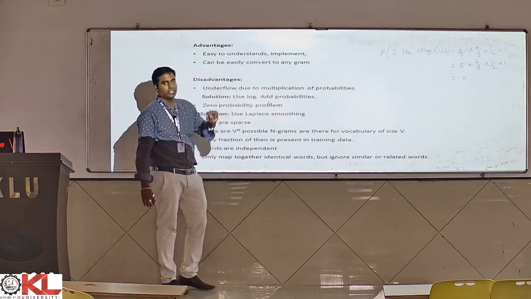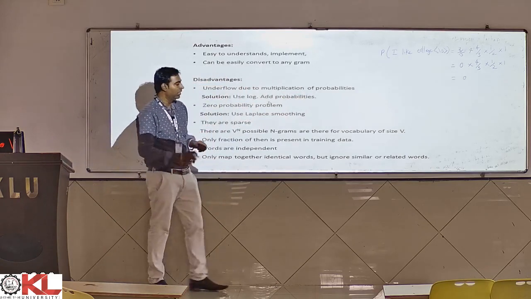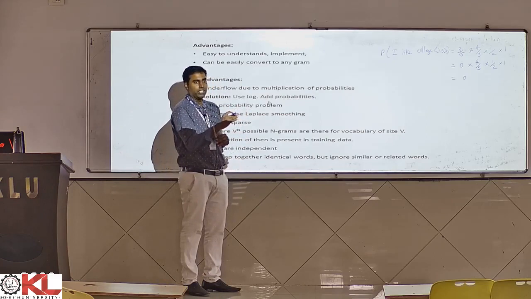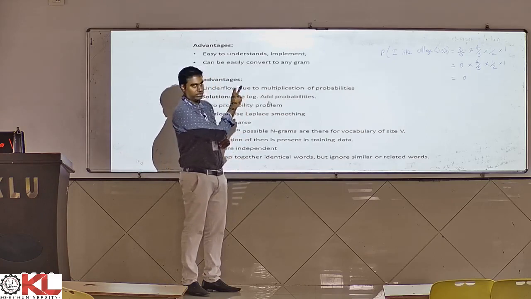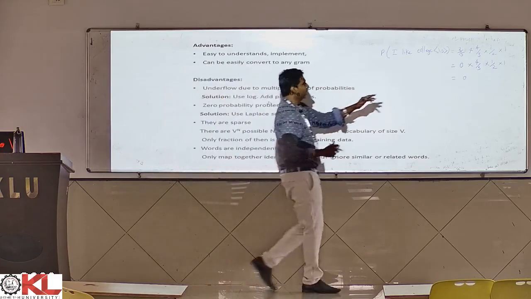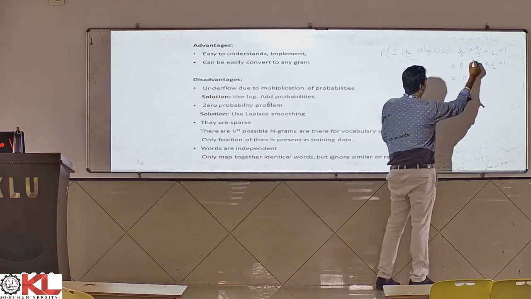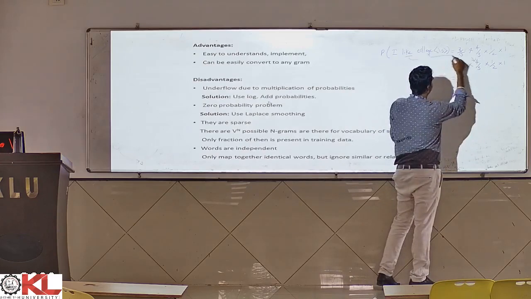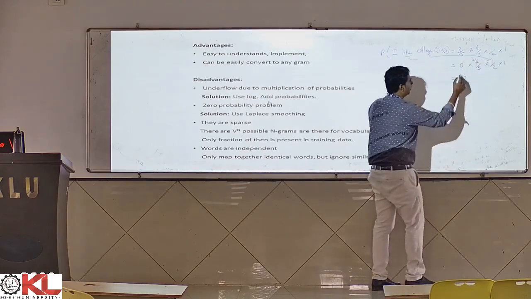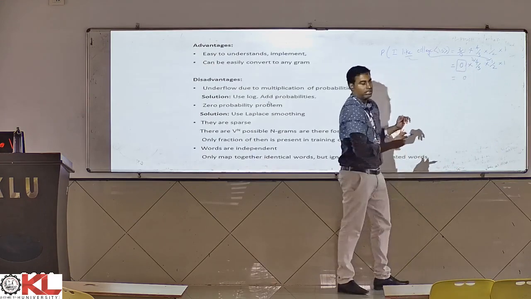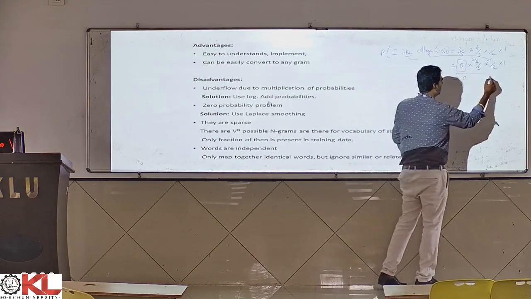So how can I solve this problem? Because our intention is to predict the probability of occurrence of the sentence. Here this word is projecting higher, and similarly this word is also projecting higher, but because of one term the entire probability becomes 0.